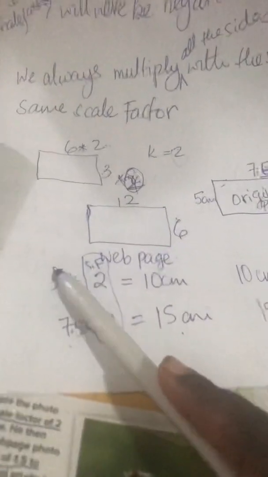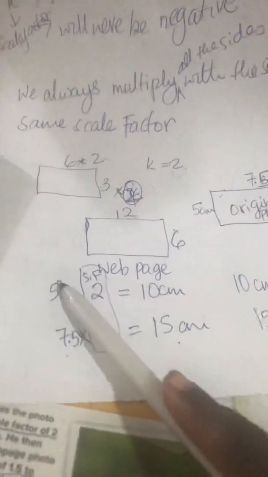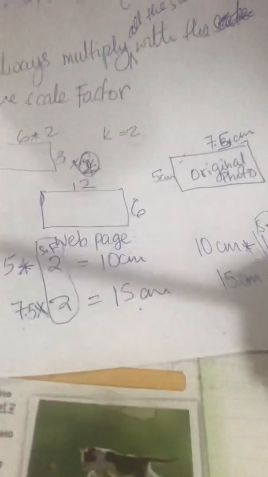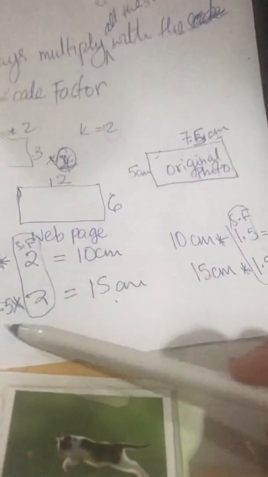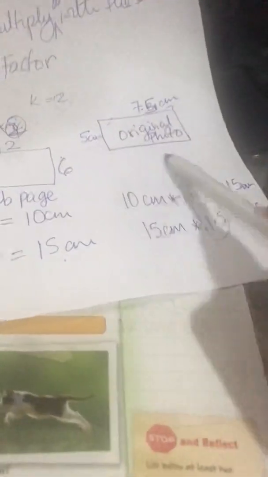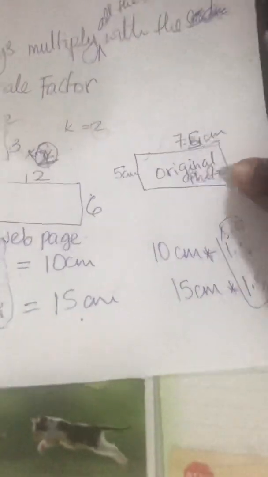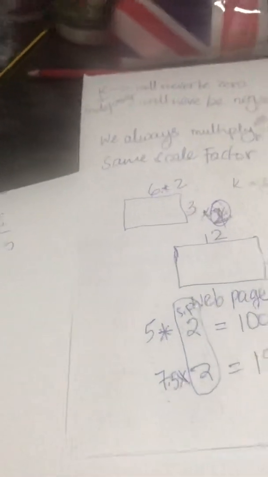And it came from this picture. All these numbers came because of 5 and 7.5. My answer will be, they are similar because all these dimensions, I got them from the same photo. I didn't take 2 different photos, okay? And each time I multiplied by the same scale factor. That is how I know they are similar.